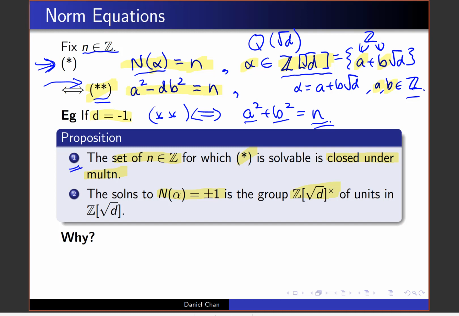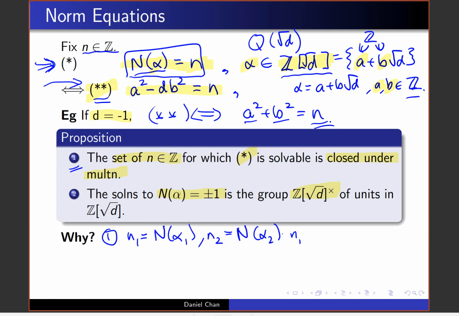Okay, so we'll look at part 1. And that's quite easy to see. So suppose you have 2 integers which are norms, for which you can solve this star here. So suppose n1 is such an integer, so you can solve it. So it equals norm of alpha 1, and n2 equals norm of alpha 2.